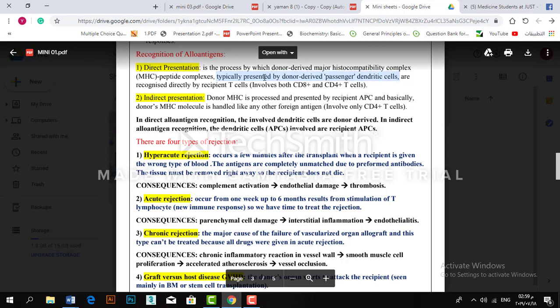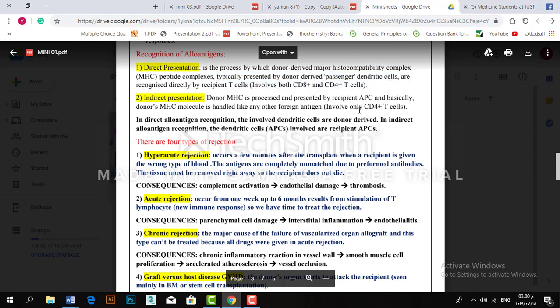It is the process in which the donor major histocompatibility, the MHC, is donor, and the APC carrying the MHC is donor-derived, from the body of the one who gave the organ, and they are recognized directly by the recipient T cells, involving both CD8 and CD4.